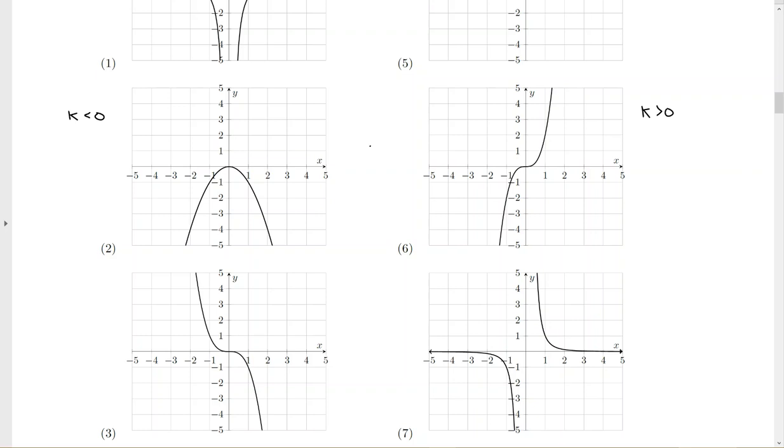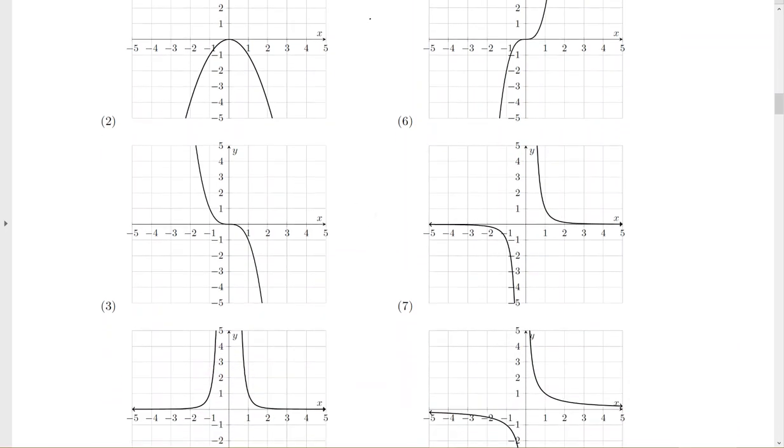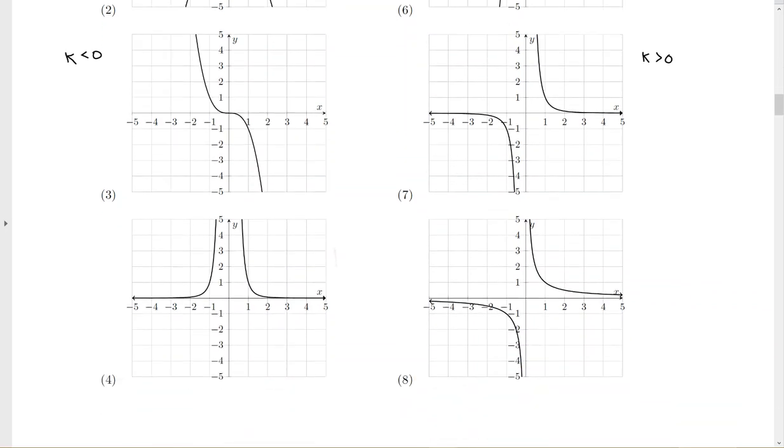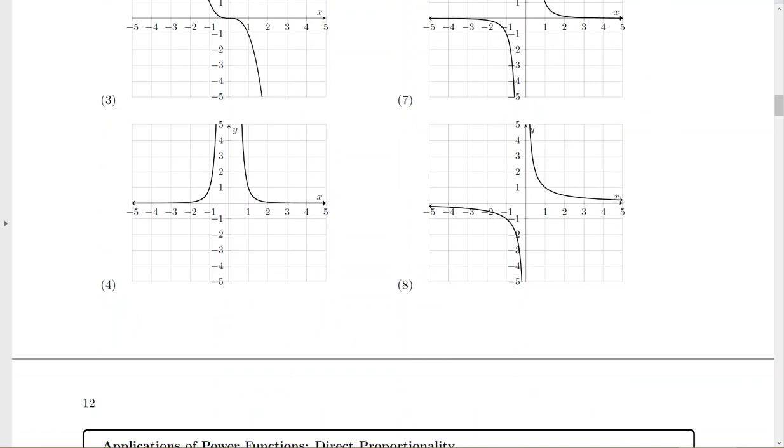And remember, k is the number in front of my function. No picture here, k less than 0. I do have a graph here, k greater than 0. And it's looking like this one's a k greater than 0, and k greater than 0.